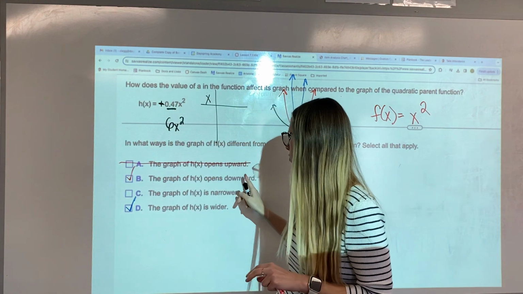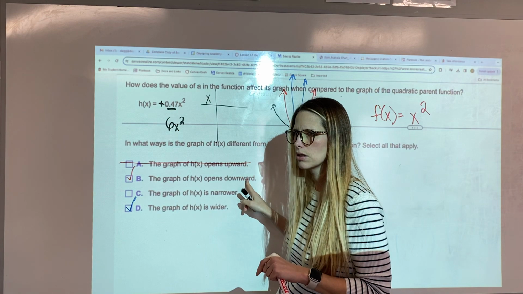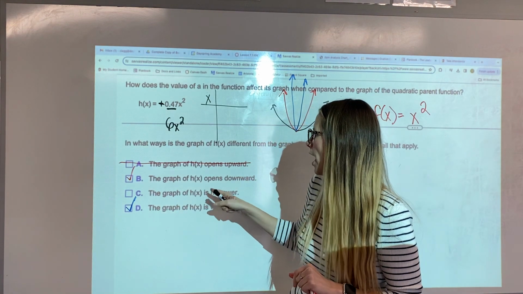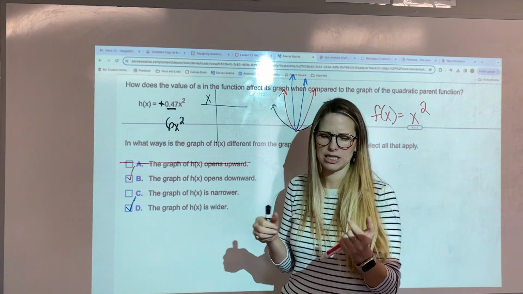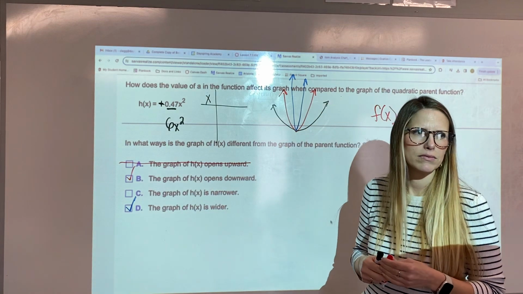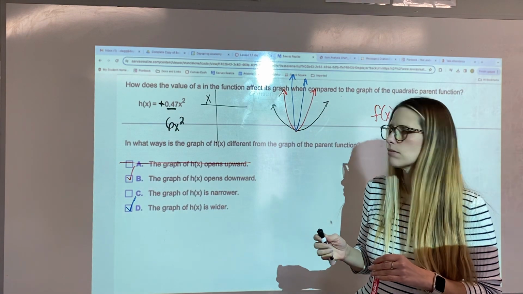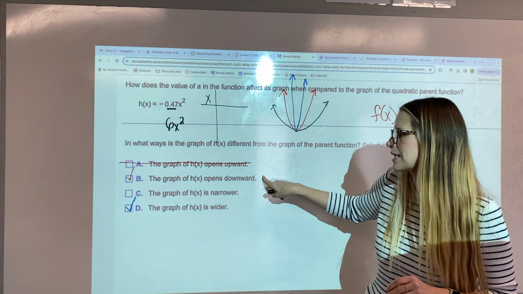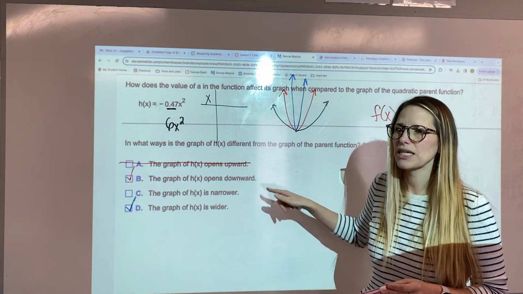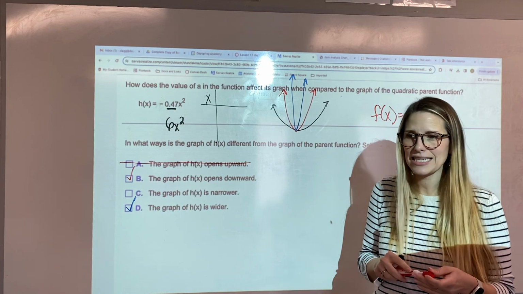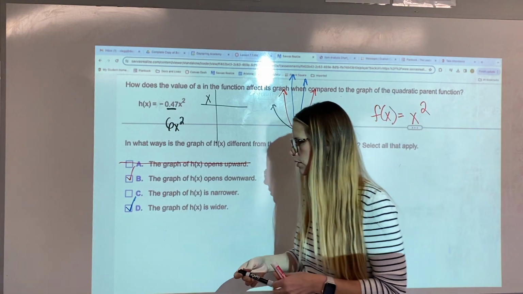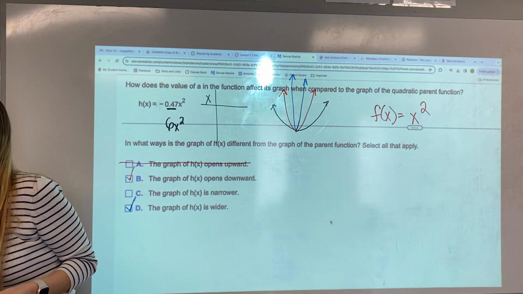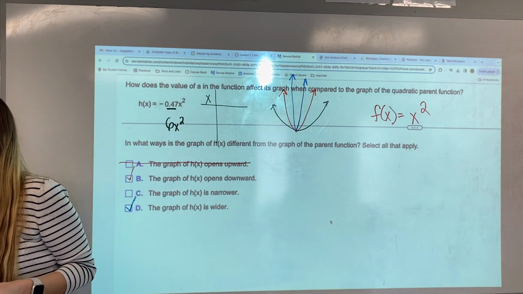Okay, so do you need help writing the explanation for this part? Okay, can somebody explain it? Yeah, Ricky. It's downwards because it is a negative. Okay, so let's pause there. So we would explain that it opens downward because the leading coefficient is negative. I was just confused because it didn't say that.